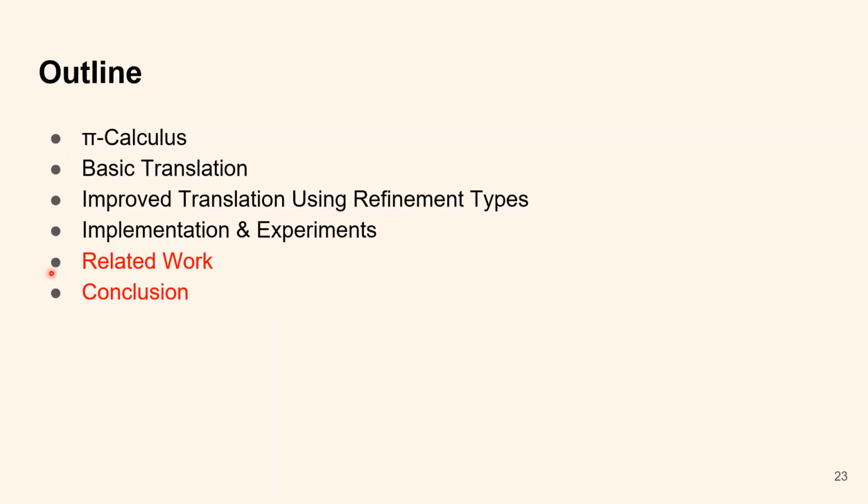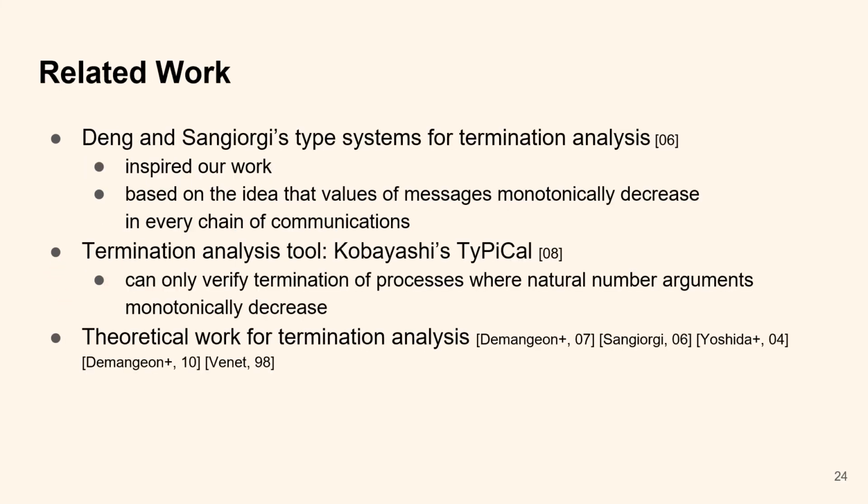Finally, we will discuss related work and conclude. Our work is inspired by Deng and Sangiorgi's type systems for termination analysis. The key insight is that values of messages monotonically decrease in every chain of communications.